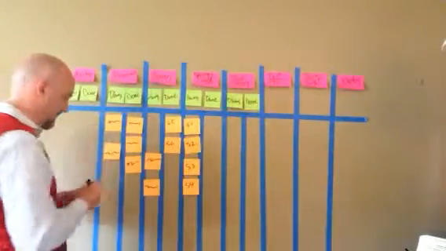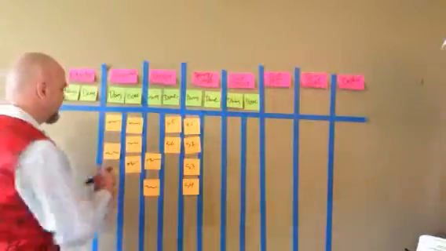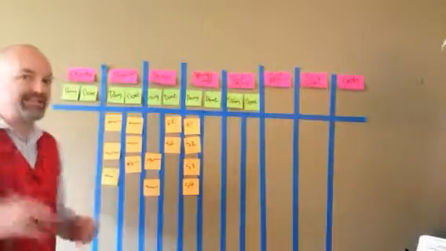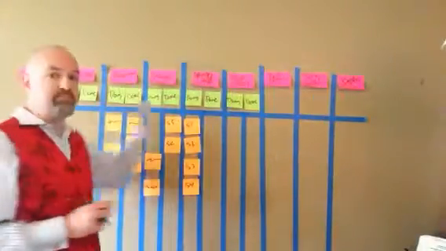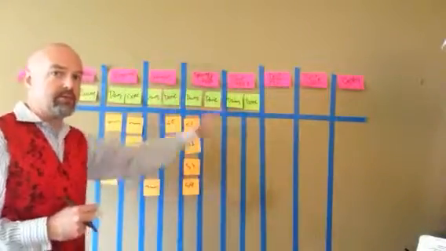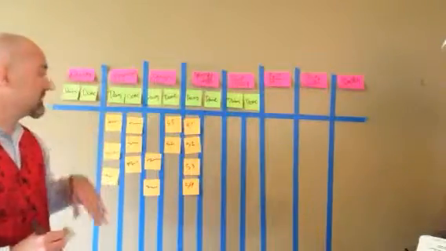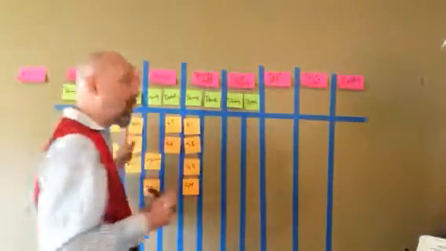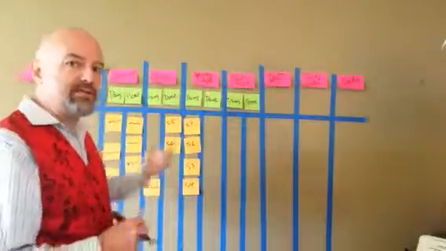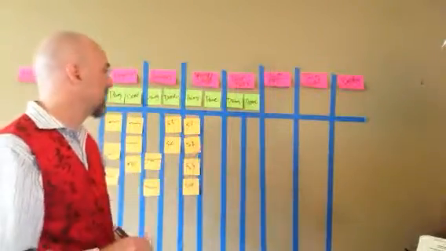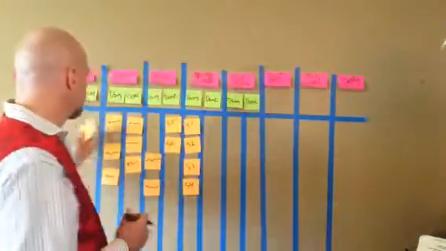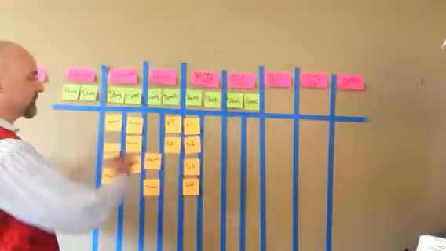Now again, don't get fooled and think that this is actually Kanban, because it's not yet. You could turn this into a Kanban board, but that would take a little bit of work at this point. All we're trying to do right now is see what the heck is going on. And if it looks like this, I can see where things are in the flow of work.